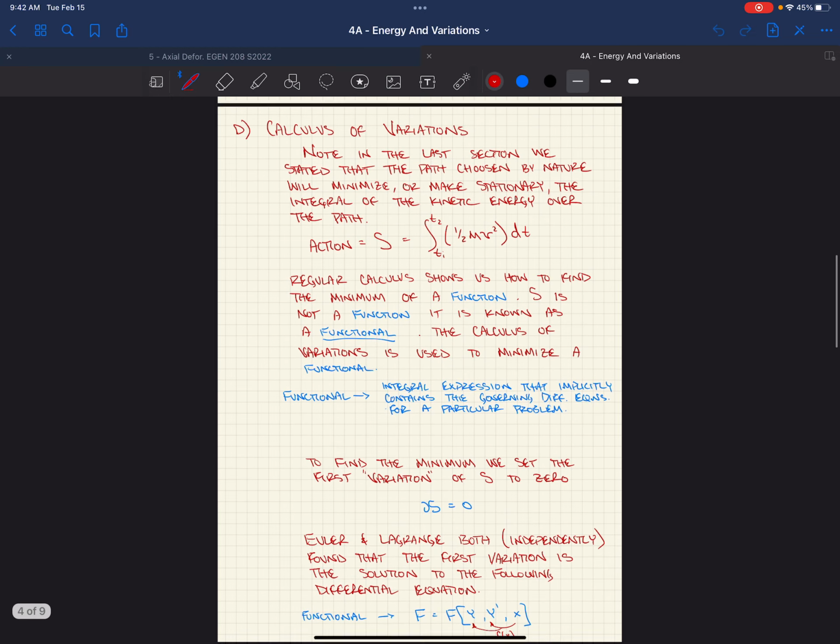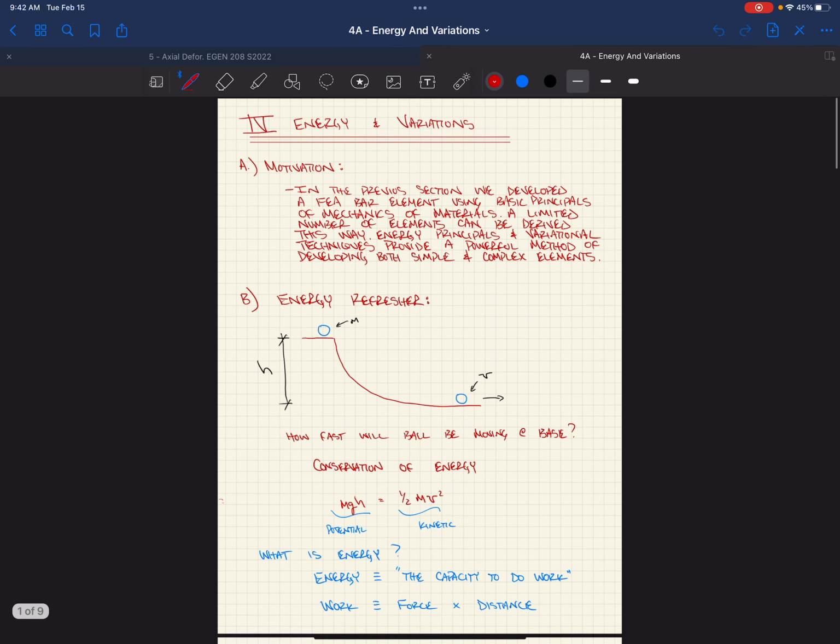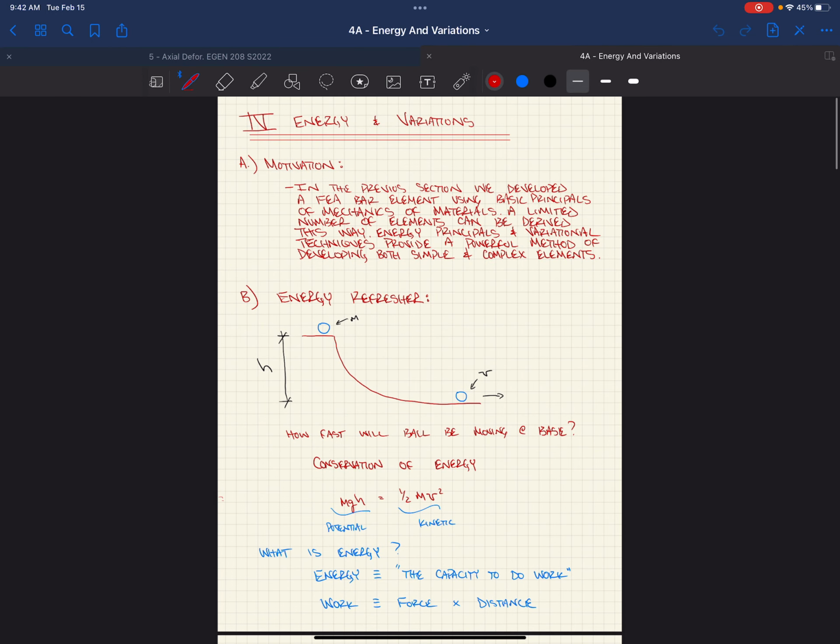So, as we discussed on Friday, we started this new section of information about energy and variations. The motivation here is essentially when we start devising more finite elements, the mechanics-based methods that we did with the bar element to date are very limited in their ability to develop equations for more complex elements. Plates is a huge one.